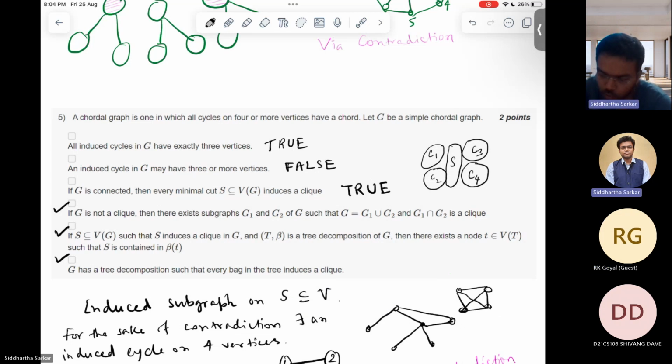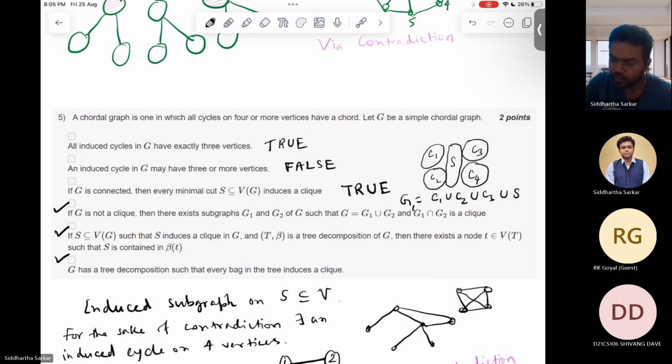Then what you do is you form a graph G1 by taking all connected components except one, and S. So let us say G1 is the connected component C1, union the connected component C2, union the connected component C3, union the minimal cut.